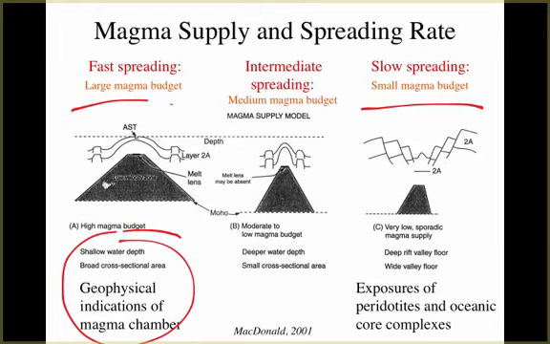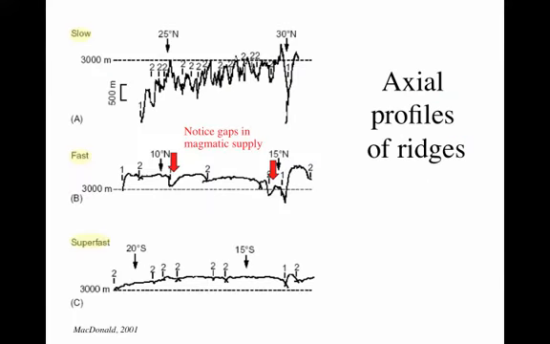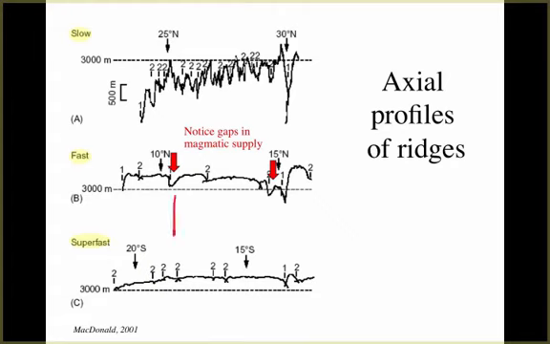And we also see exposures of peridotites and oceanic core complexes underneath these slow spreading ridges. We've seen these gaps in magmatic supply along the fast spreading ridges, but in general, again, have this smooth topography compared to a slow spreading ridge.